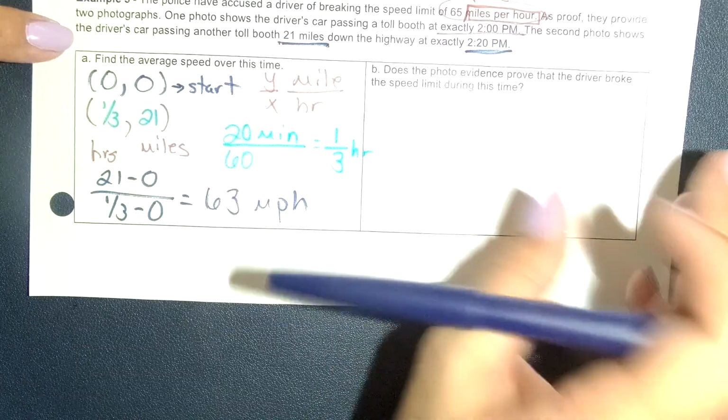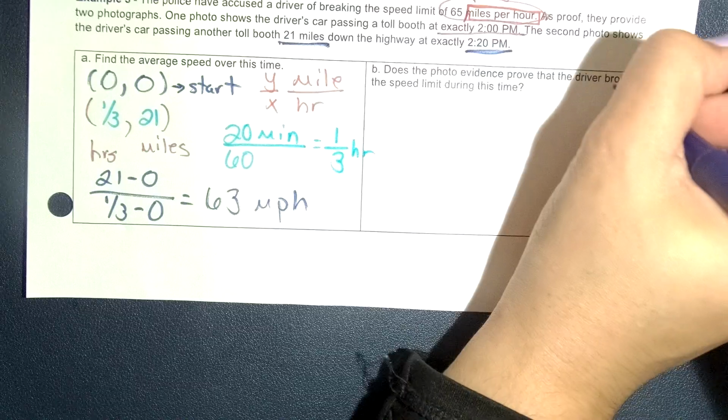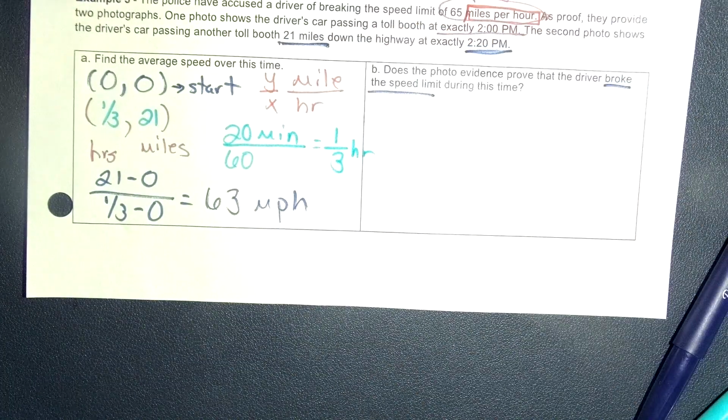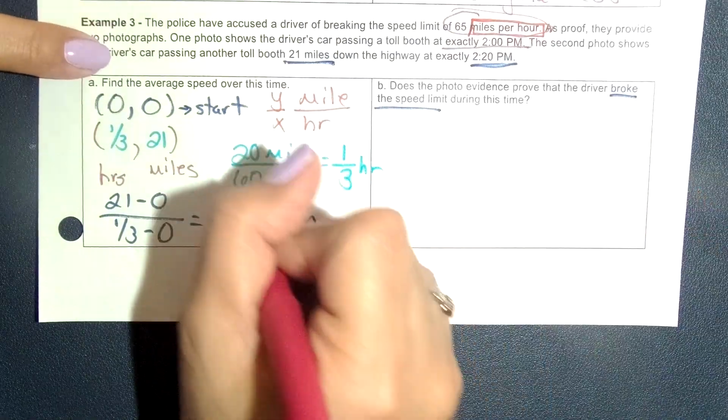So let's look at the question. The question says, does the photo evidence prove the driver broke the speed limit? No. Why? 63 miles per hour, not 65. Very good.